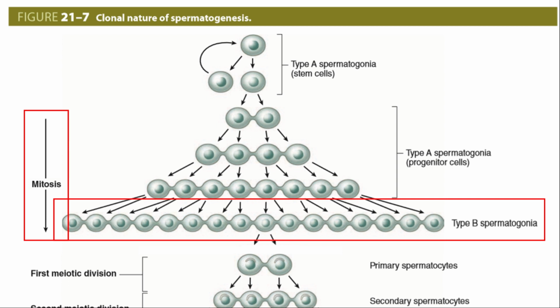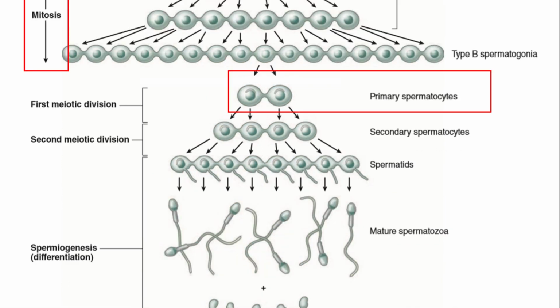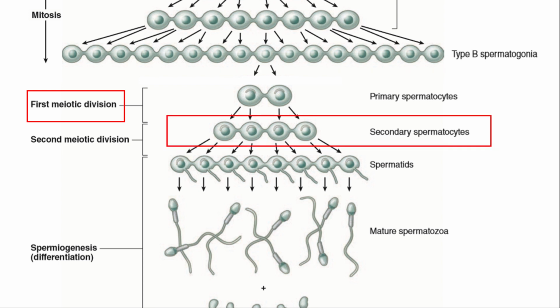Mitosis yung i-undergo ng type B spermatogonia to produce primary spermatocytes. And then, these primary spermatocytes are the ones that will undergo the first meiotic division, producing two secondary spermatocytes. Dalawang secondary spermatocyte per each primary spermatocyte. But since in the illustration, dalawang primary spermatocyte yung pinakita ni Junquera, that's why apat in total yung secondary spermatocyte na pinakita niya rin.